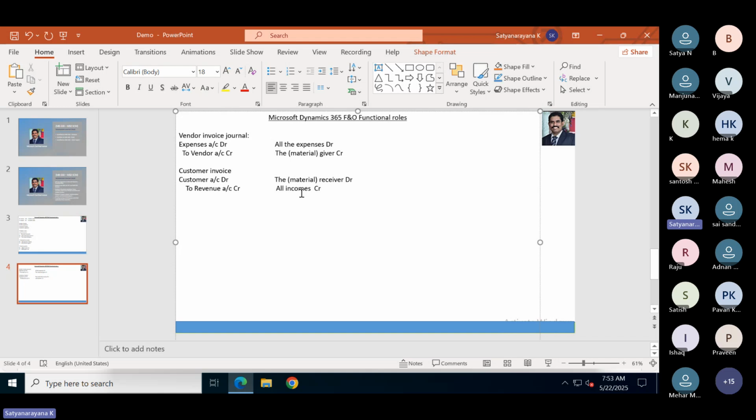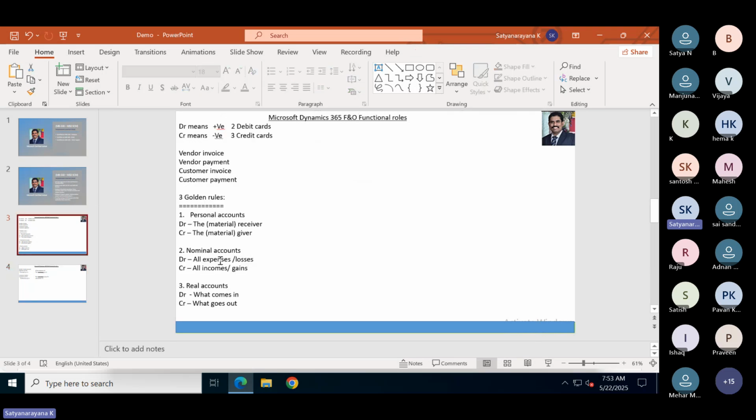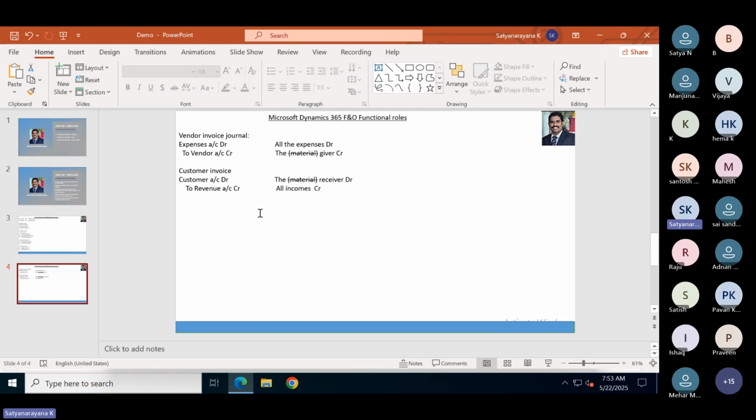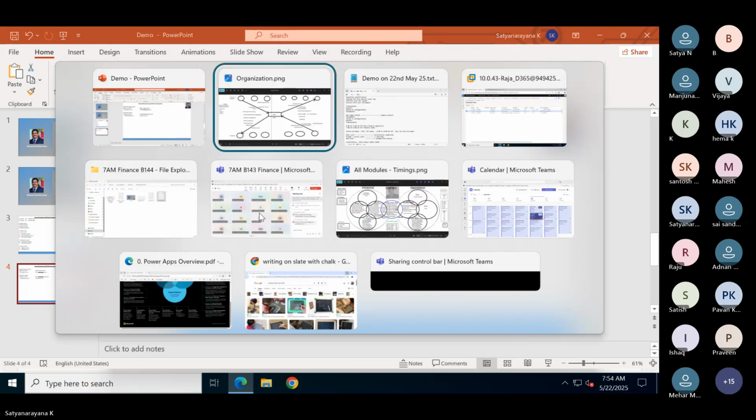I cannot change it, but for your better understanding I'm adding this point to remember forever: the giver and the receiver. Whatever you learned in commerce, the 3 golden rules, I have applied to the vendor invoice and customer invoice. Any questions, please?